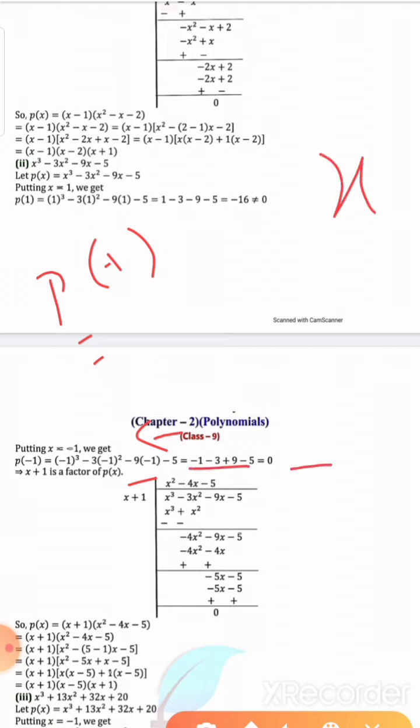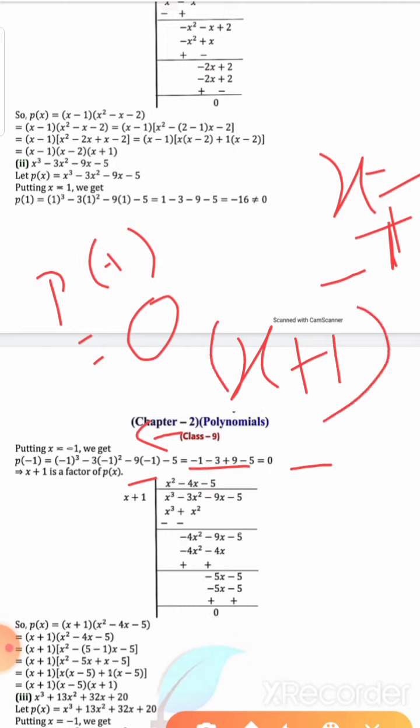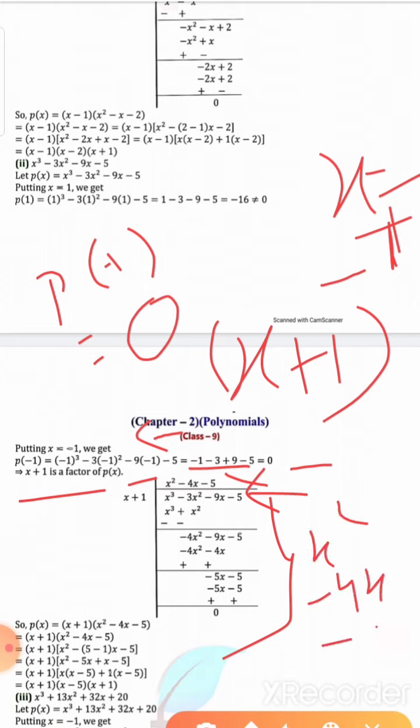For x equal to minus 1, p of minus 1 equal to 0 means x plus 1 is a factor of our polynomial. So we divide our polynomial by x plus 1 by the long division method. Similarly as we did in the earlier question, we get the quotient in quadratic form, x square minus 4x minus 5.